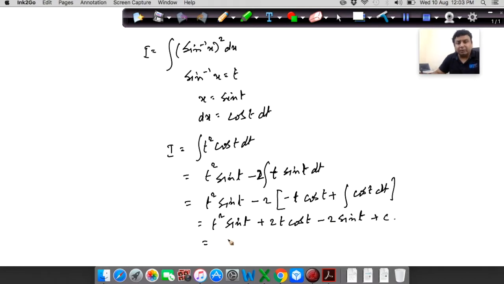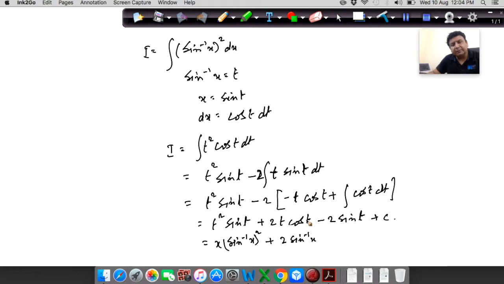So t square is sine inverse x whole square, sin t is x, plus 2t, so 2 sine inverse x, cos t.